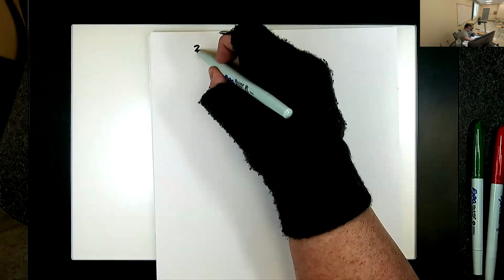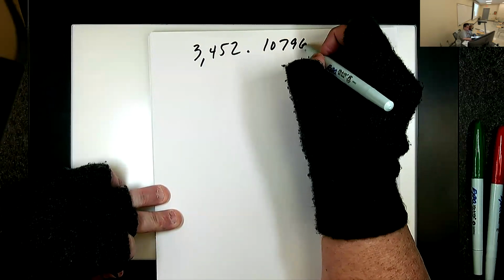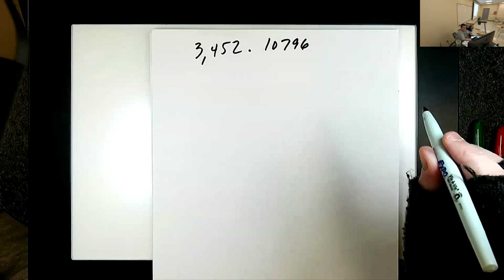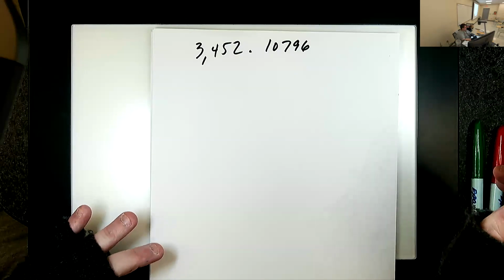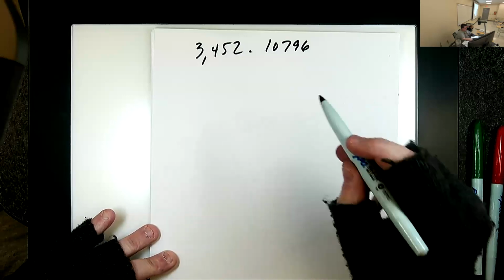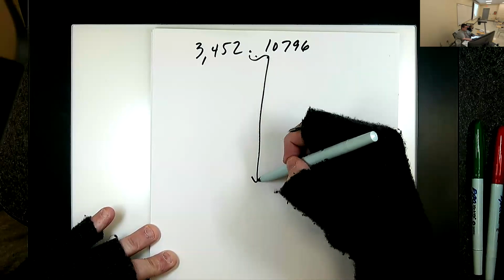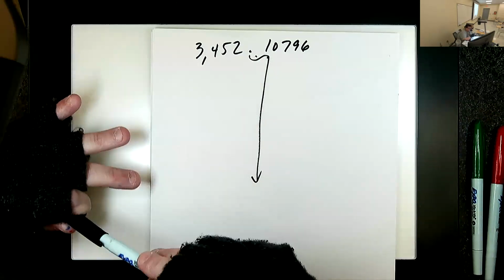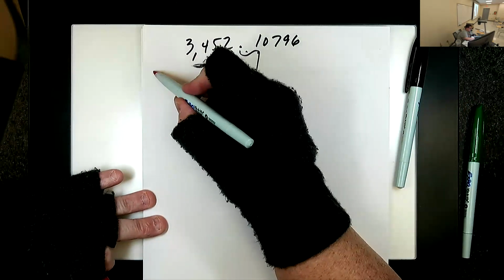Ready? Let's just start with the big number, 3,452.10796. The reason why I'm starting with the non-decimals, the left side, is because there's a pattern. So let's split it up between what's on the left of the decimal and what's on the right of the decimal. The 2 is in the ones place.